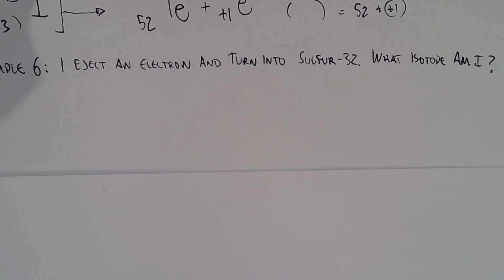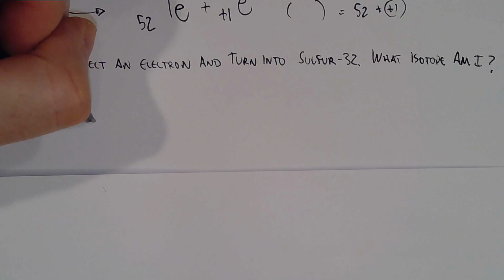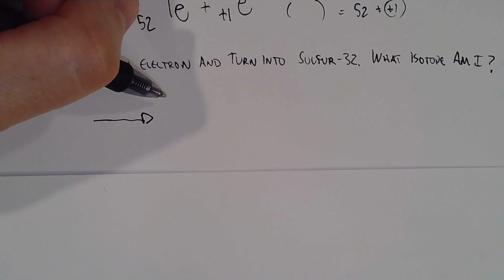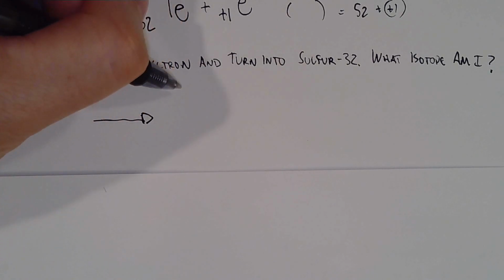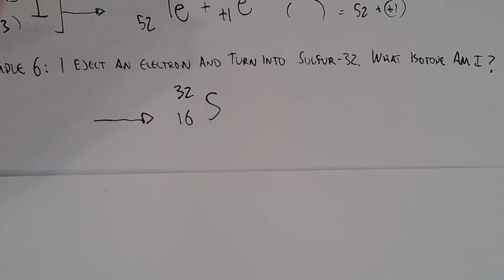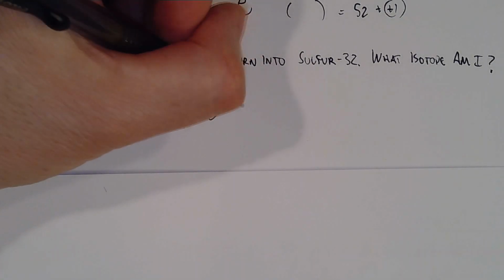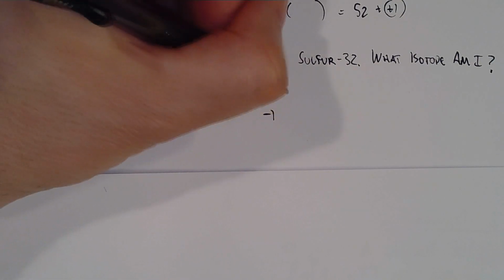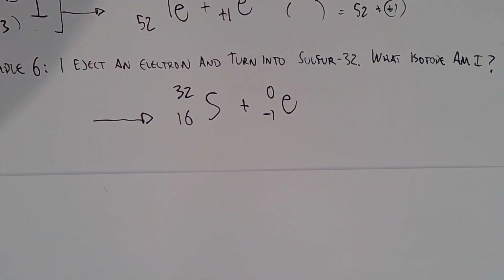All right, so we don't know what we're starting with, but something ejects an electron and turns into sulfur-32. Now, sulfur, when you look it up on your periodic table, is atomic number 16. And we eject an electron. Ejecting an electron is beta minus decay. So we want to see what we start with then.